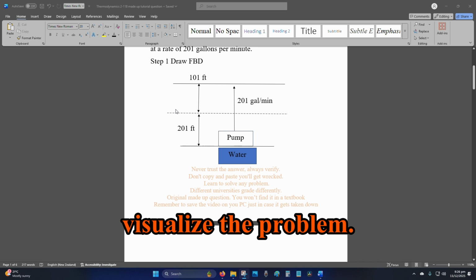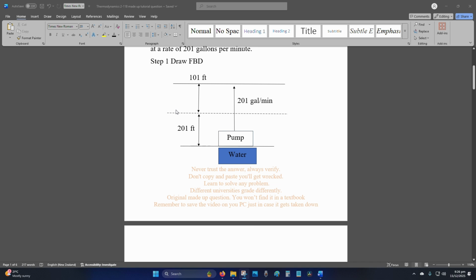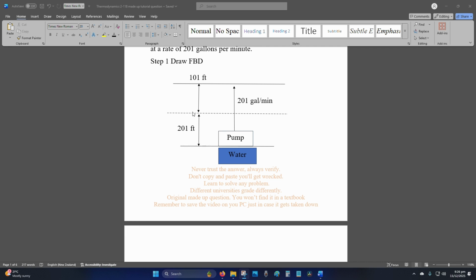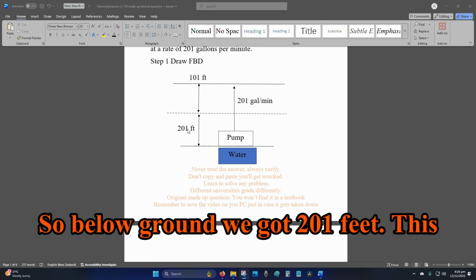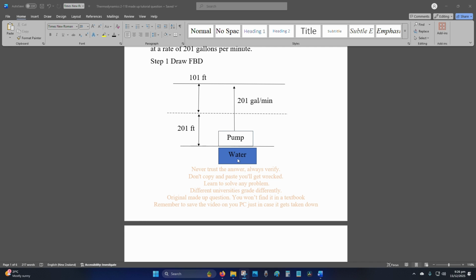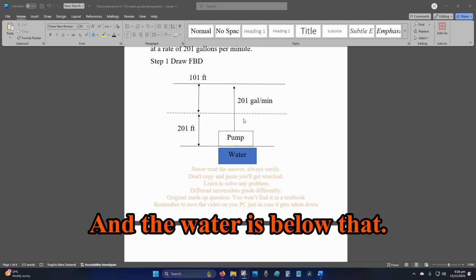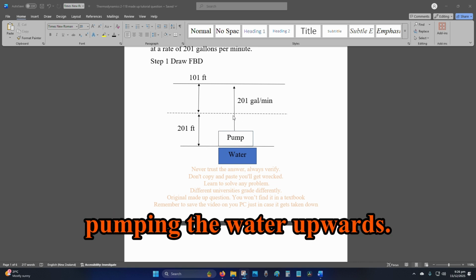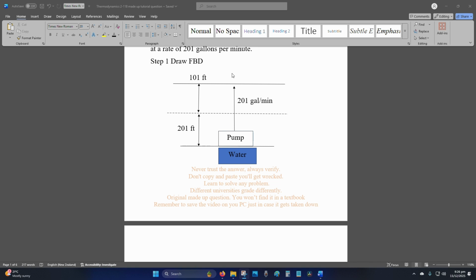This will help you visualize the problem. The dashed line represents the ground. So below ground, we got 201 feet. This will be our datum for the pump. And the water is below that. We got a pump, and it is pumping the water upwards.